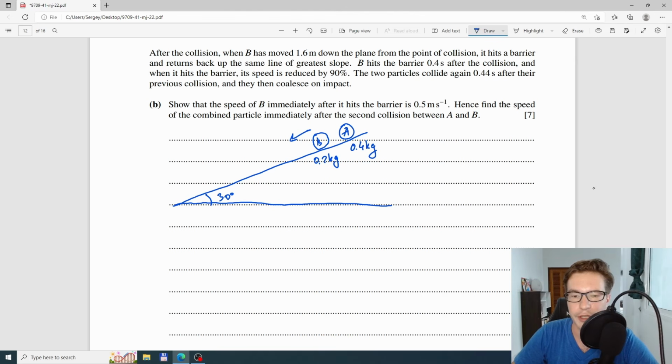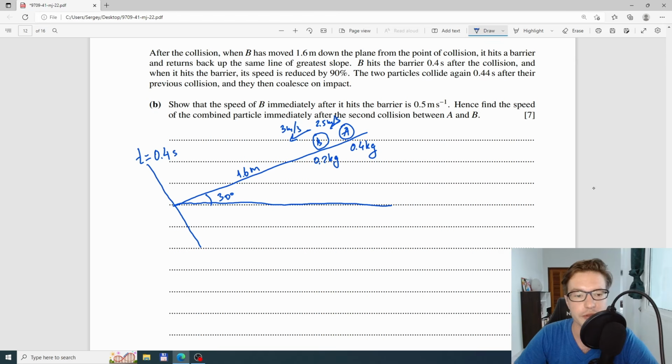Velocity of B is 3 meters per second right after the collision, and A is 2.5 meters per second. Now they're traveling down, and the distance is 1.6 meters. And then at the end of the slope, there is a barrier, like this. Okay, and the time taken for the particle B to travel down there is 0.4 seconds after the collision.